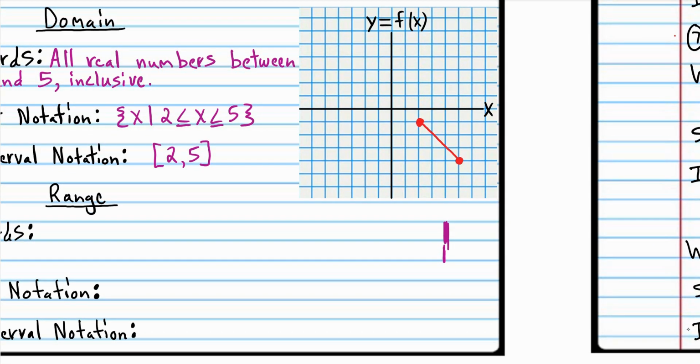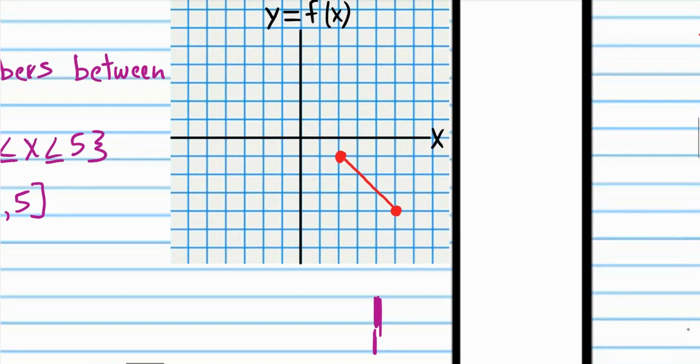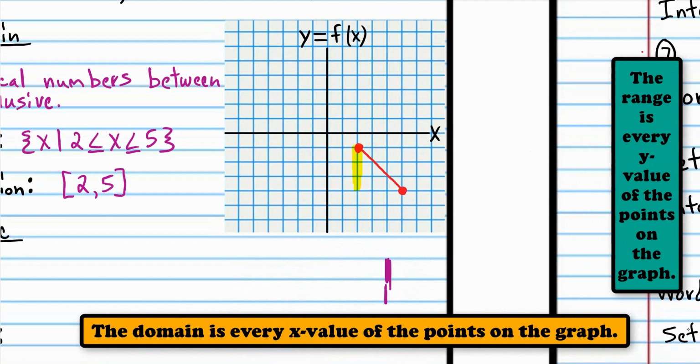Now, the y values of the points on this graph, they are part of the range. So what are all the y values of the points on that graph? Well, you can see that if we consider the vertical distance here, the y values of the points are all between -4 and -1.